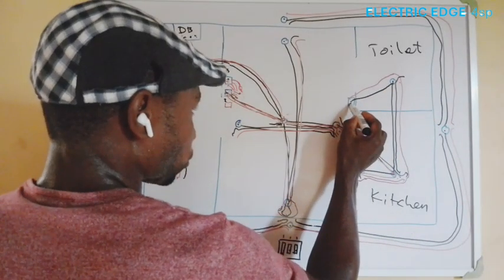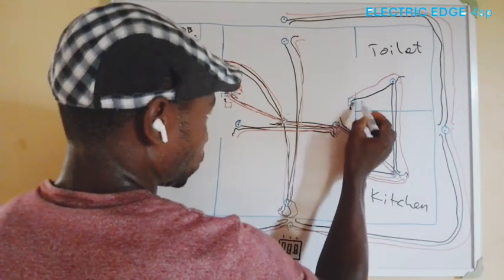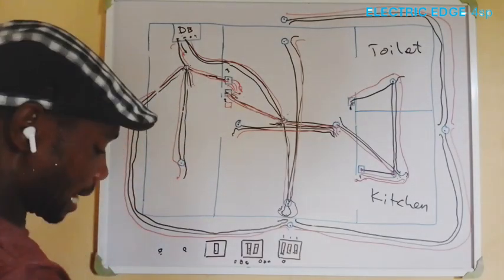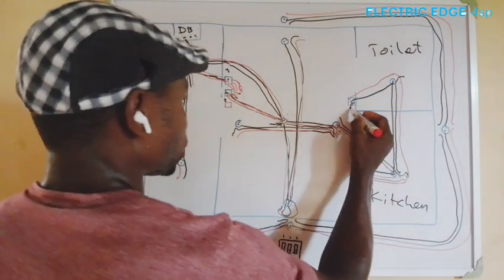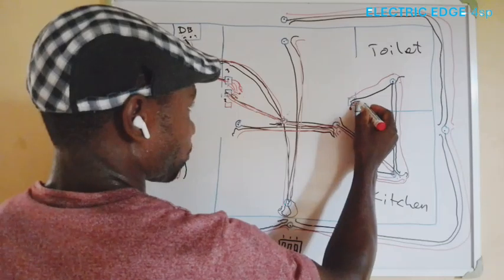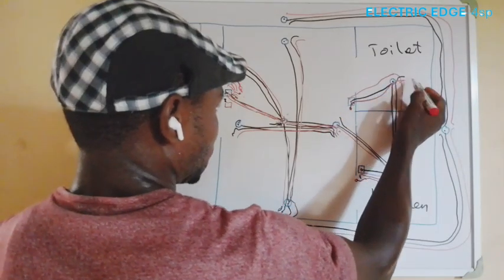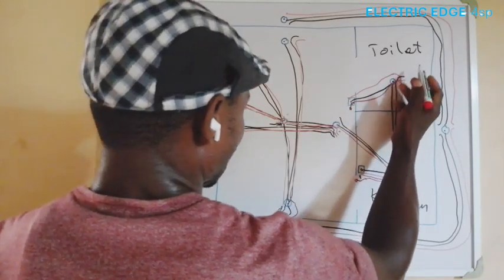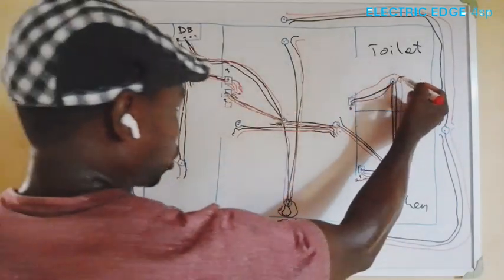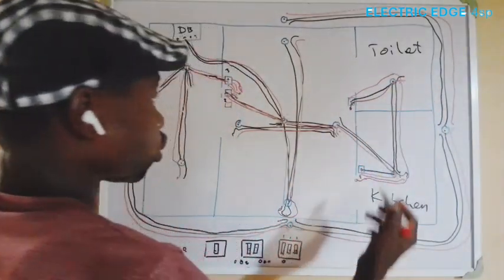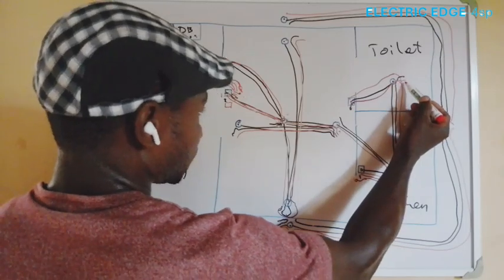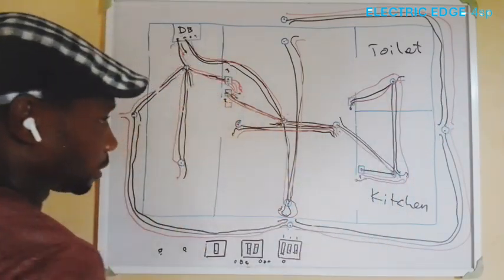Then another red will start from here, the switch, which is going to serve as the branch. This branch will now travel from here to join the black. This is the husband, this is the wife. So without this red, only the black cannot light the house.